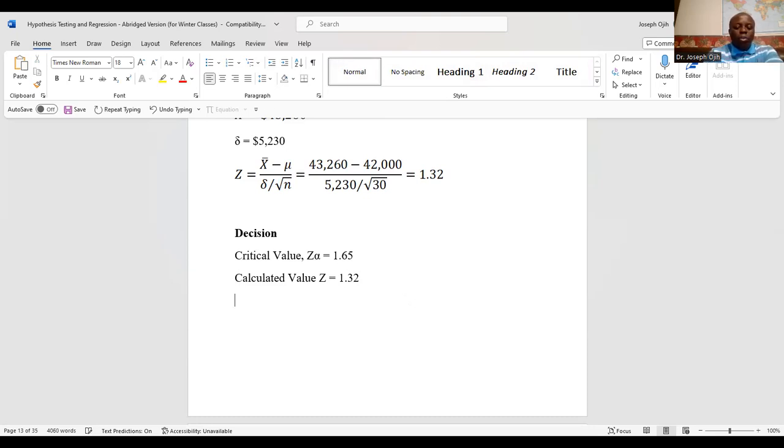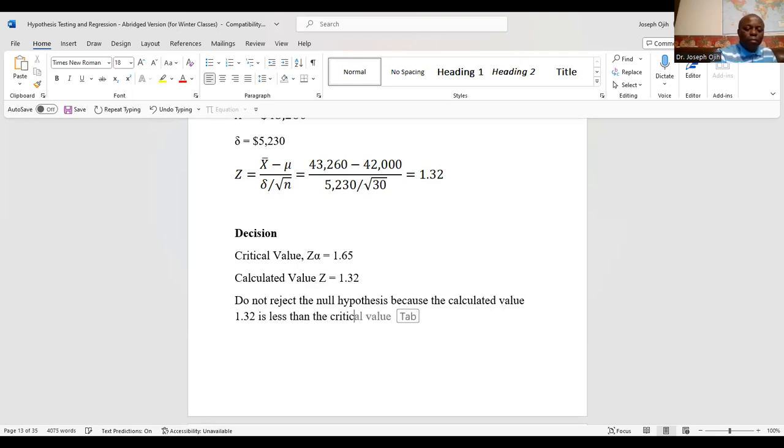Since it is not in the rejection region, you say do not reject the null hypothesis, because the calculated value Z, which is 1.32, is less than the critical value, which is 1.65.